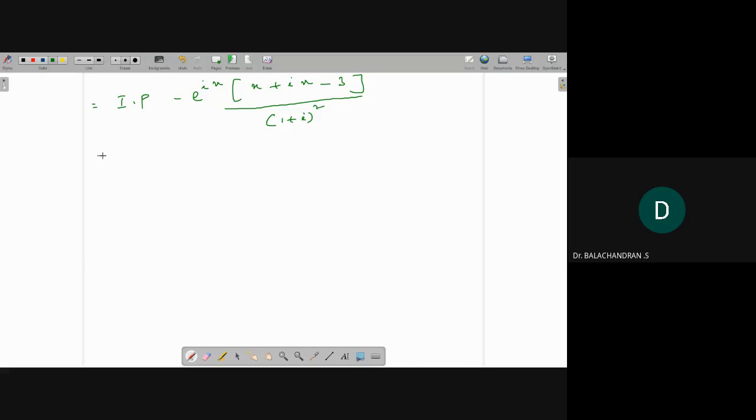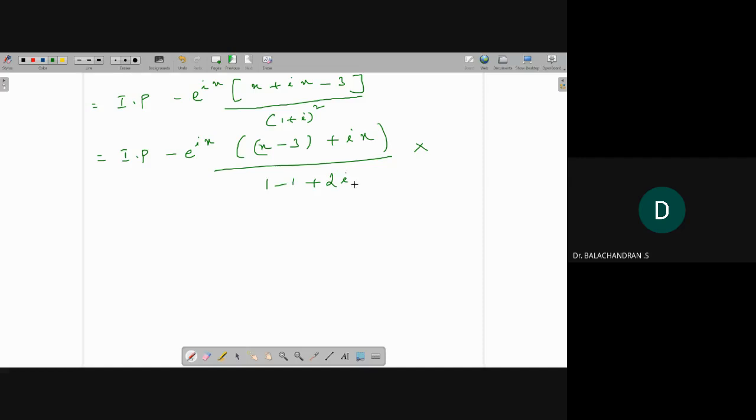So which is equal to imaginary part of minus e power ix. So what is in the numerator? Real part, x minus 3 is the real part, plus I x is the imaginary part. So this is a square, I square is minus 1 plus 2I. So 1 and minus 1 gets cancelled.